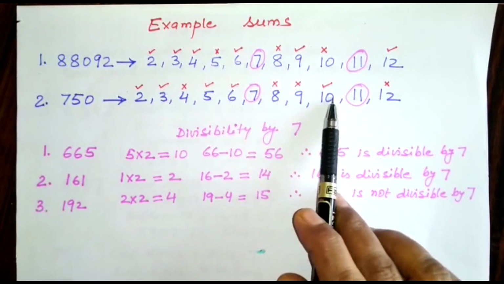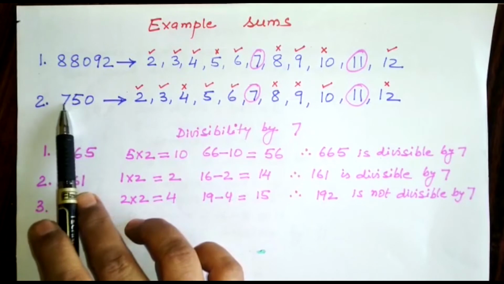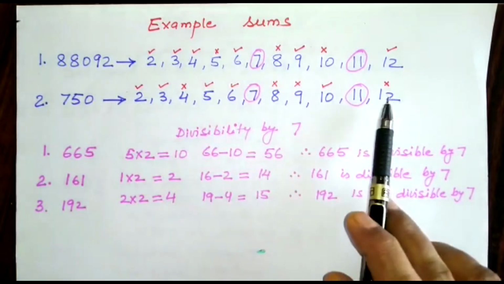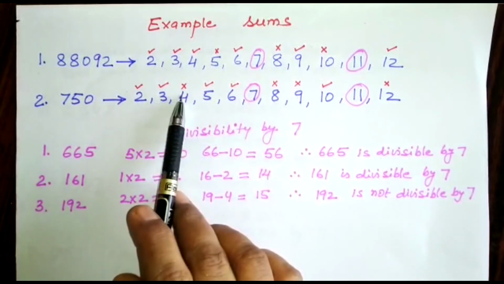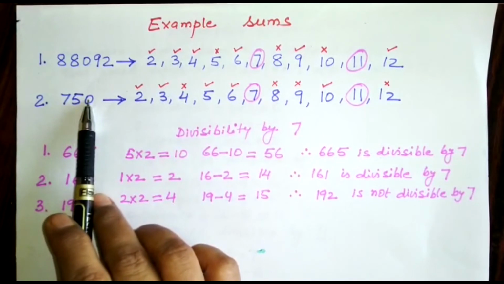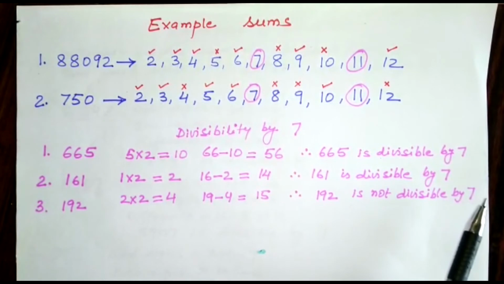For 10, it should have 0 in units place, which it has, therefore this number can be divided by 10. For 12, it has to be divisible by both 3 and 4, which it is not, therefore this number is not divisible by 12.